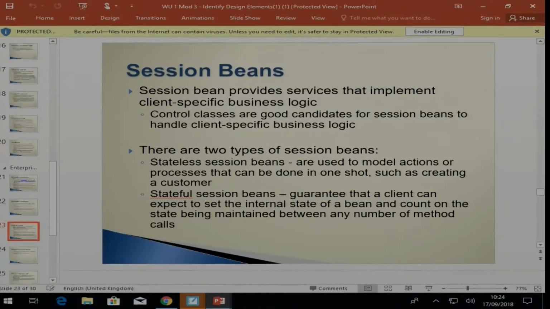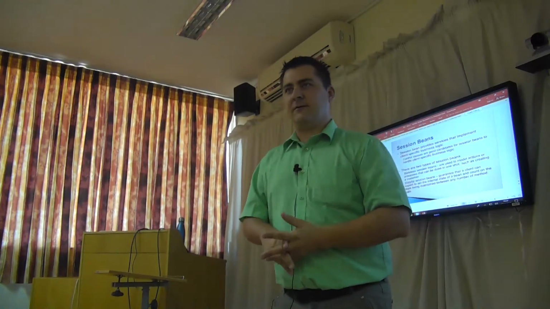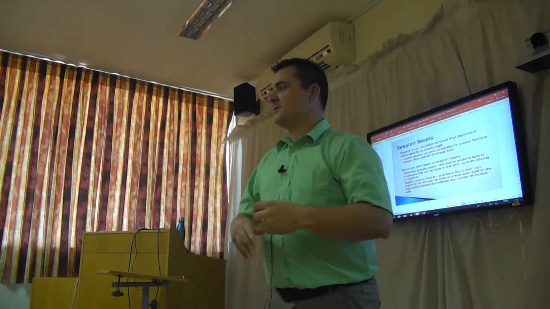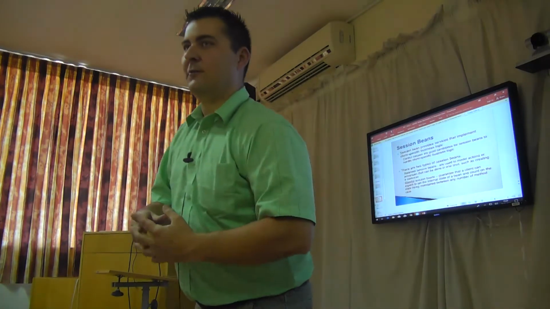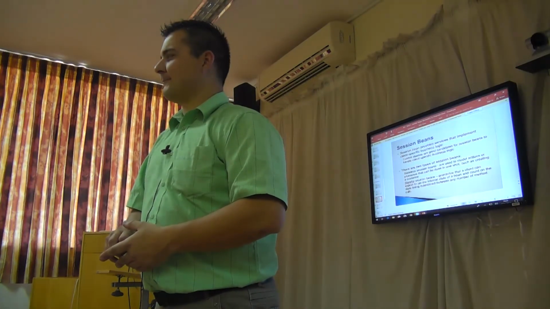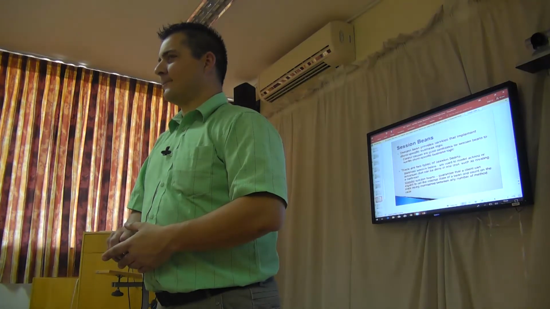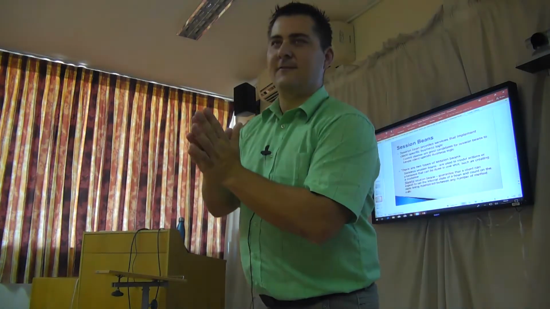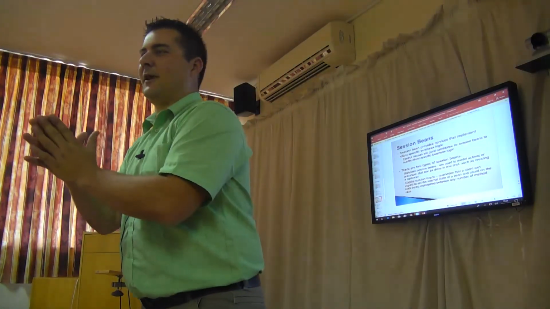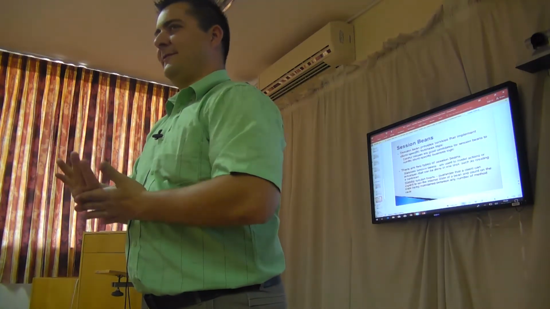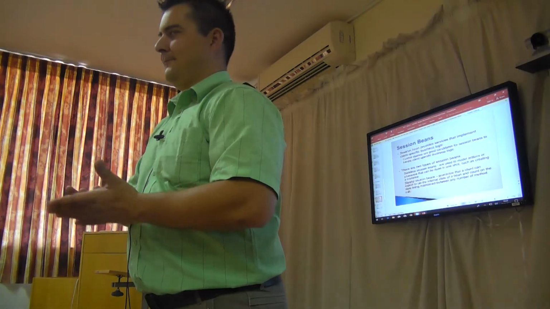What is business logic while we're on there? Or business rules, let's go back to that. What is a business rule? Let's take our example back and say we would like to register. You're at the university, you would like to register. What would be a business rule to that?